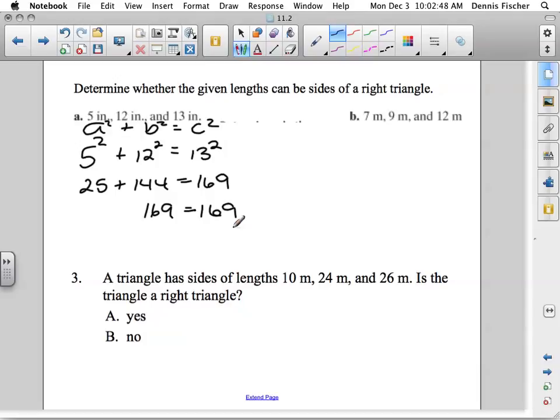Try the bottom one. A triangle has sides 10, 24, and 26. Is it a right triangle?